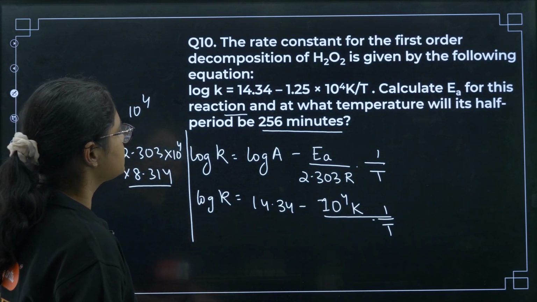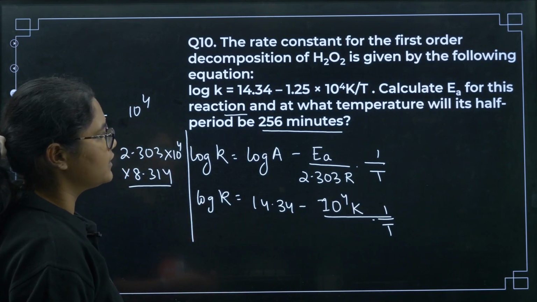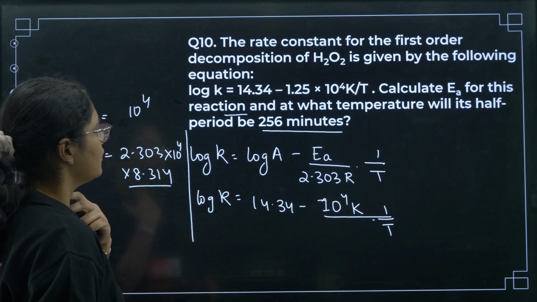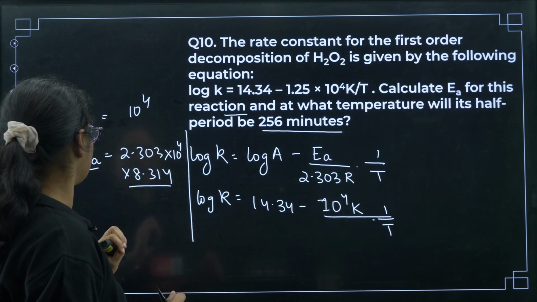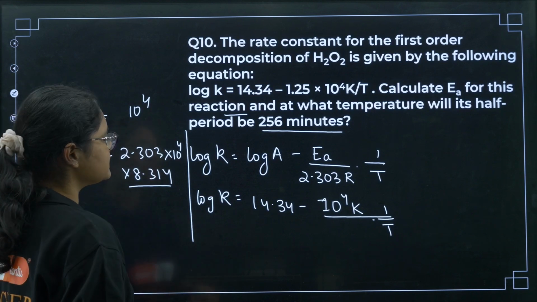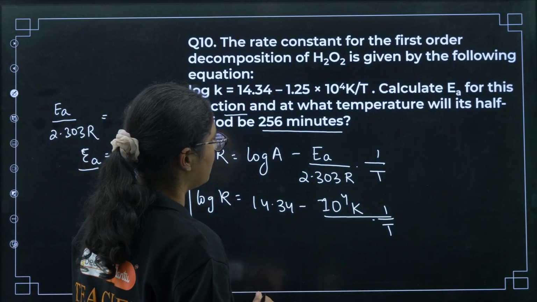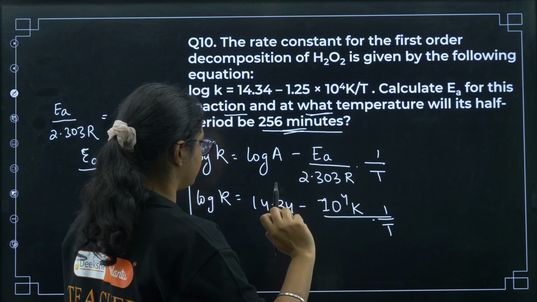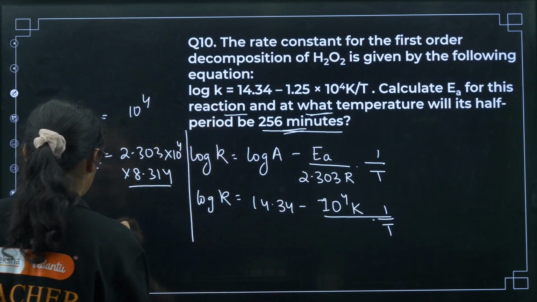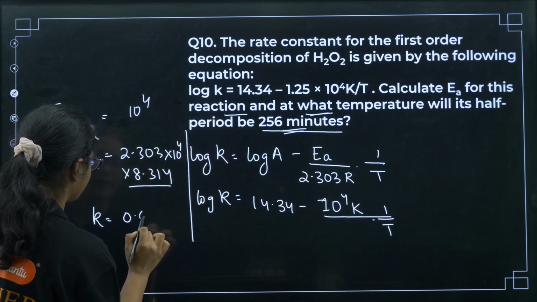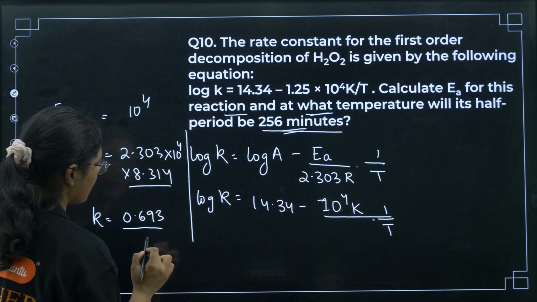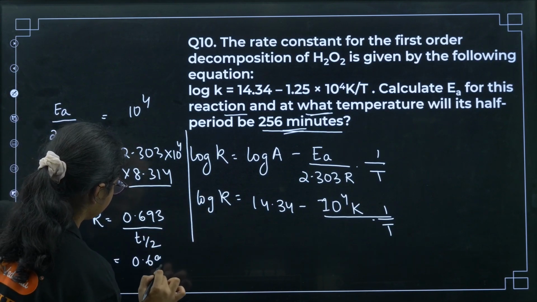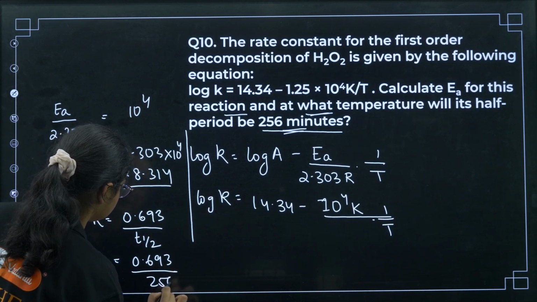Okay. Next, at what temperature will its half life be 256 minutes? For this, what we have to do, we can just substitute. The question is asking at what temperature the half-life will be 256 minutes. So now we know that K is equal to 0.693 by T half. That means 0.693 by 256.